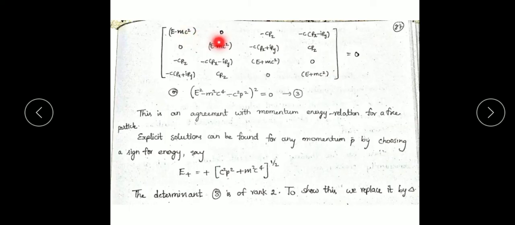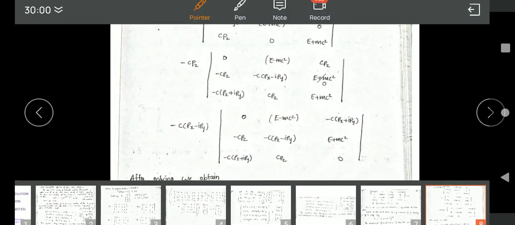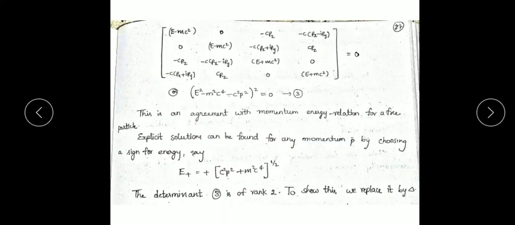Plus minus plus minus, so actually we would have a plus sign here. After the calculation, this is the way to find the determinant of this 4 by 4 matrix. Finally after calculations, we would have this.